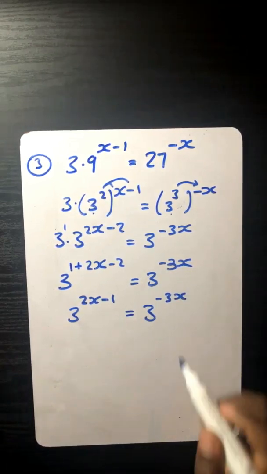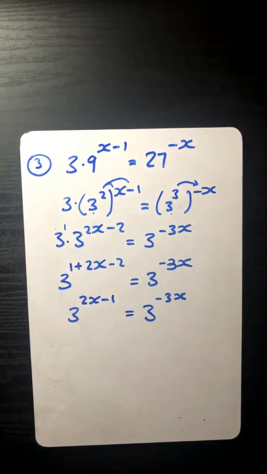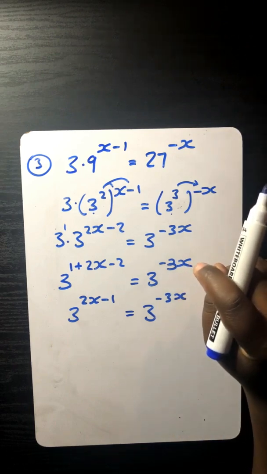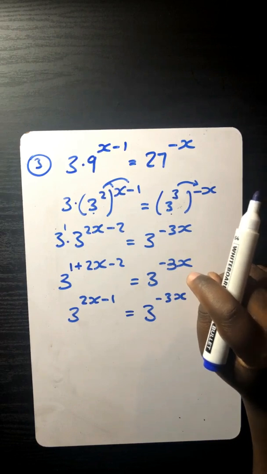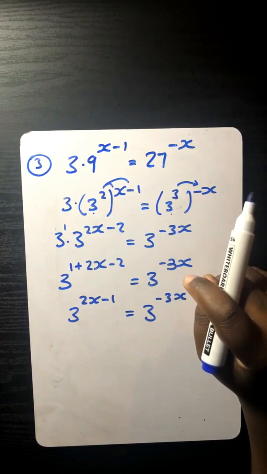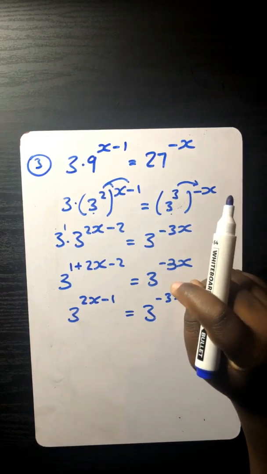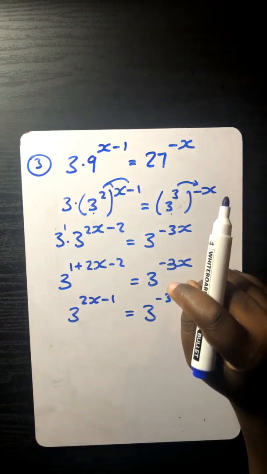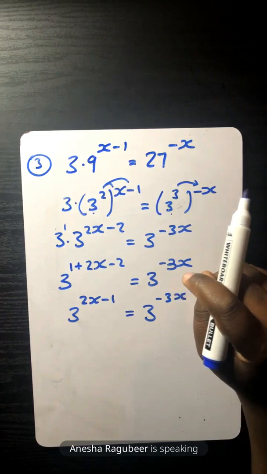Yes. So at this stage, do you want to guess what could be the possible step? So since our bases are the same, sir, we have to say x. So we could say, sir, that x plus 2 minus 1 minus 3, sir.